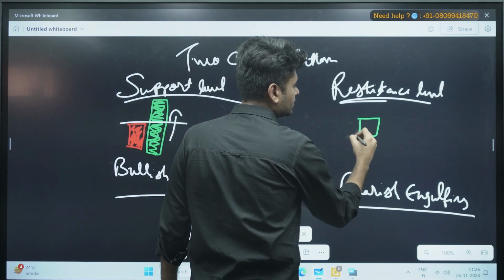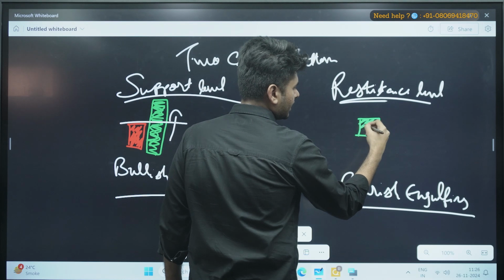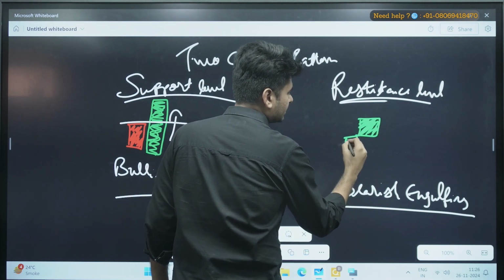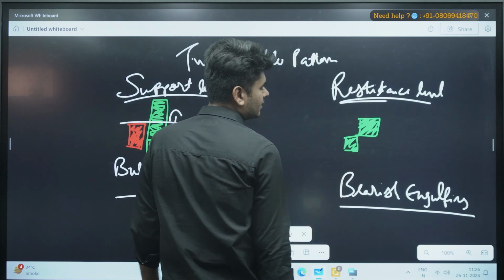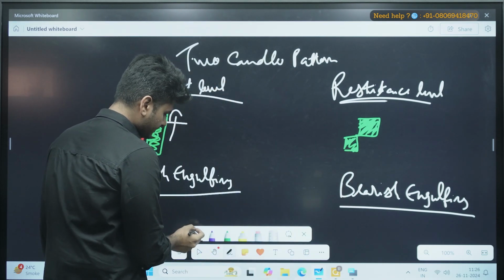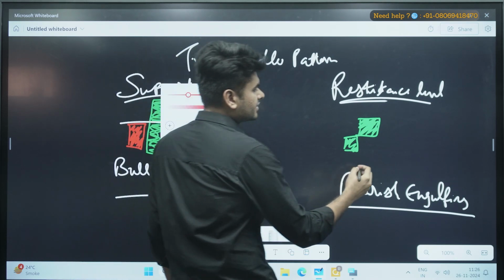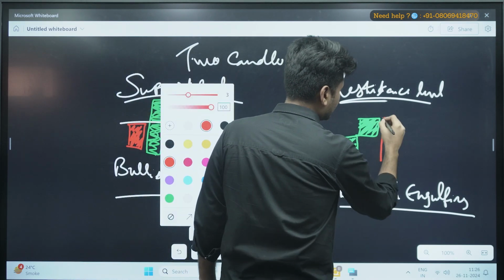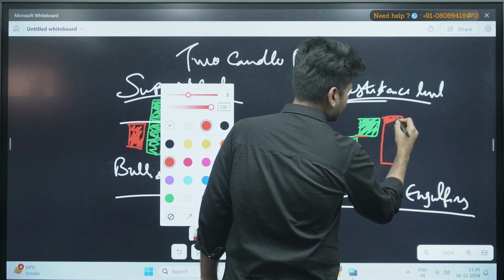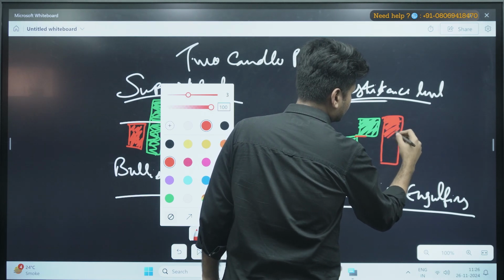We are seeing bullishness here, right? The price was going up. Let's just suppose there were 2-3 green candles coming on the upper level, and now the next thing that happens is that there is a red candle which is engulfing, or crossing the low of the earlier green candle.